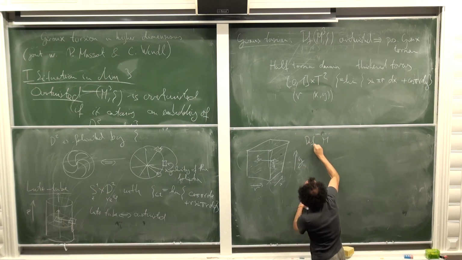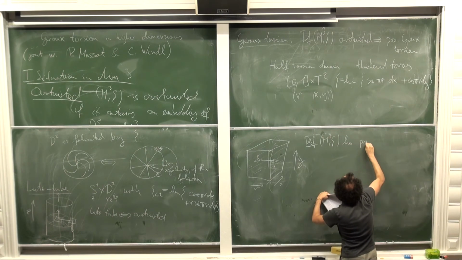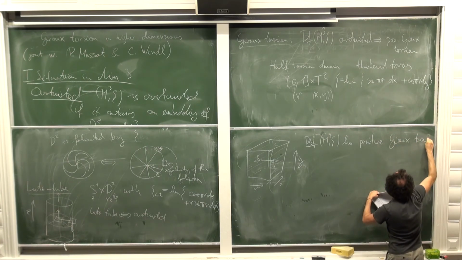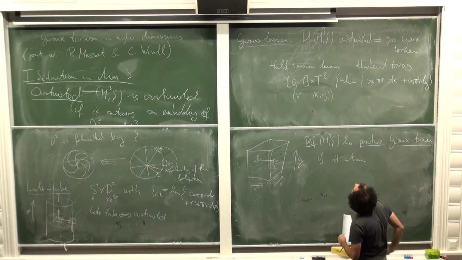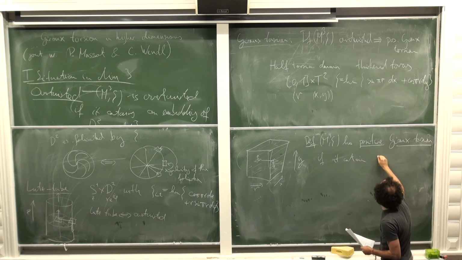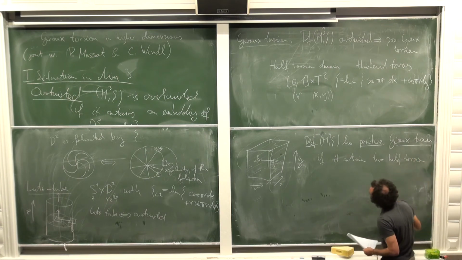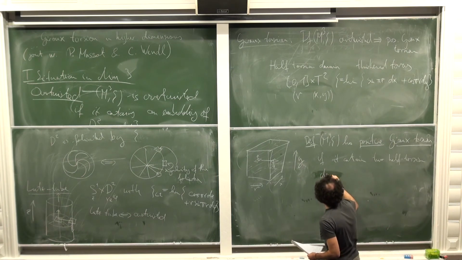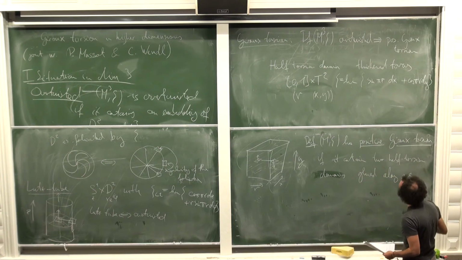This is the definition, if you want: positive Giroux torsion if it contains two half torsion domains glued along one face.